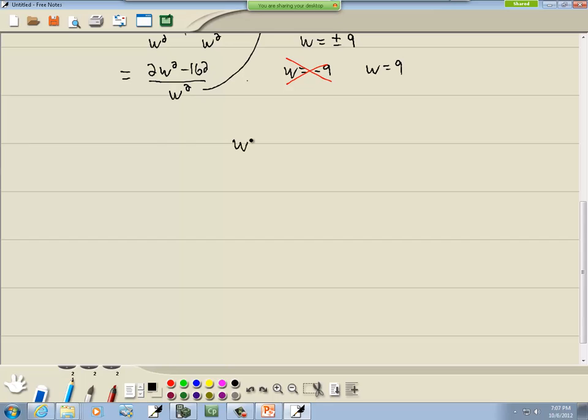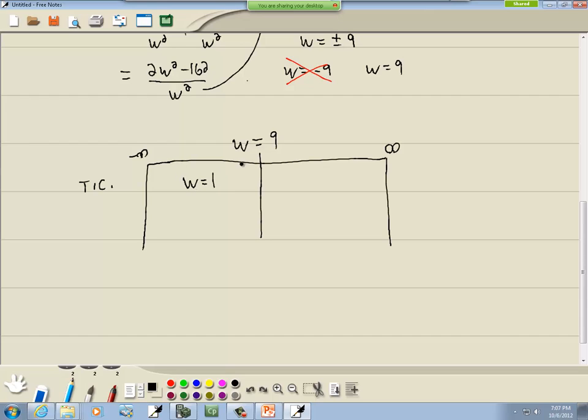Well, let's build some intervals and see what happens. Put W is equal to 9 in the middle. Here's infinity. Here's negative infinity. We want to pick test cases that make sense. So I'll pick W is equal to 1.